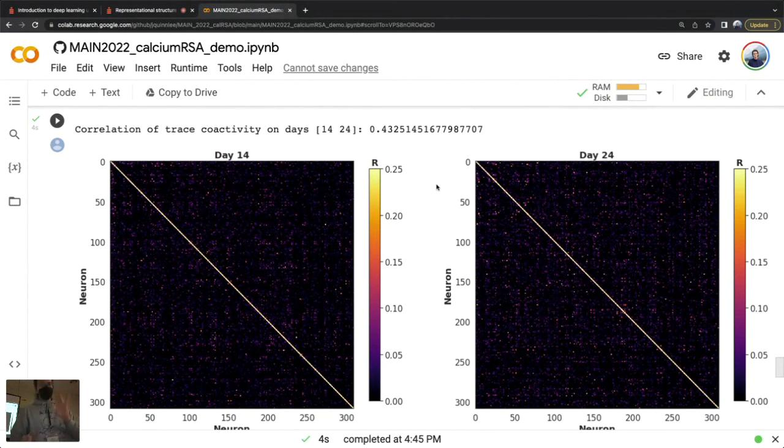So these are the same geometries. We can correlate them and ask how similar is the pattern of coactivity. Here we get a Pearson correlation of 0.43. Pretty similar, the pattern of coactivity for a delay of 10 days. It's not bad.